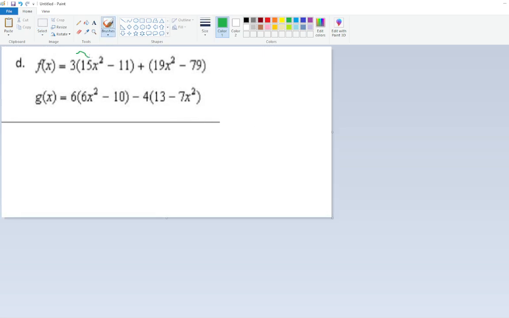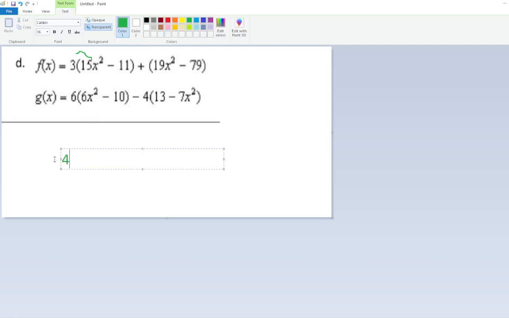3 times 15 is 45, and then there's the x squared. Then 3 times 11 is minus 33. Then they don't even have anything, so it's just plus x squared minus 79. When I add up the like terms, it's 45x squared plus 19x squared, which is 64x squared.